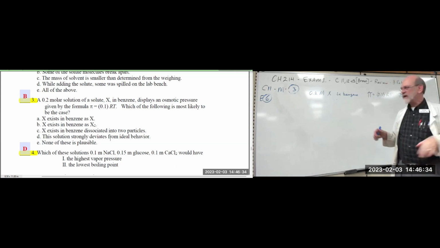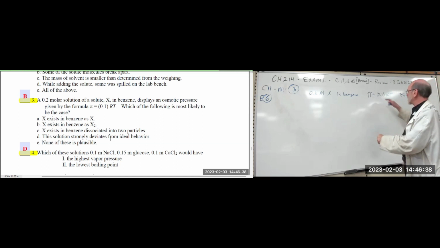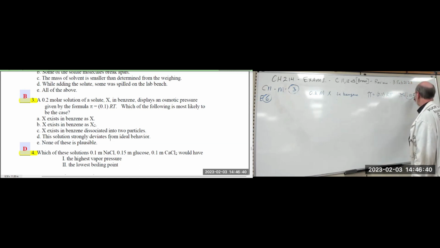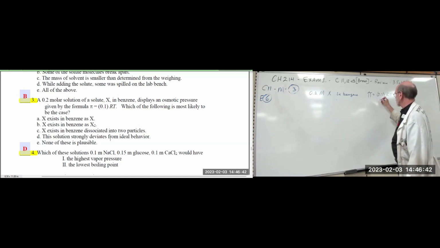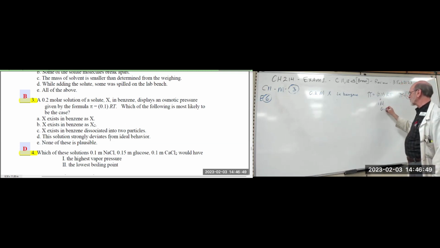But this one is a little weirder. If this is equal to i times M, and we know that molarity is 0.2, then what does i have to be? It's not a whole number anymore. i has to be 1/2.